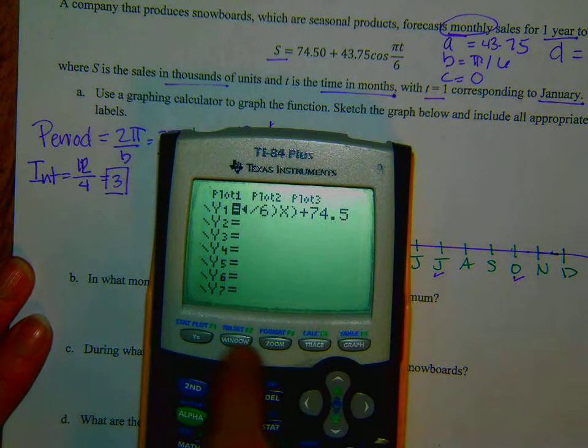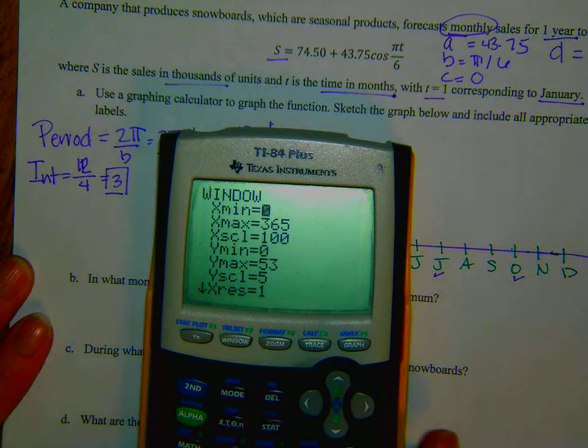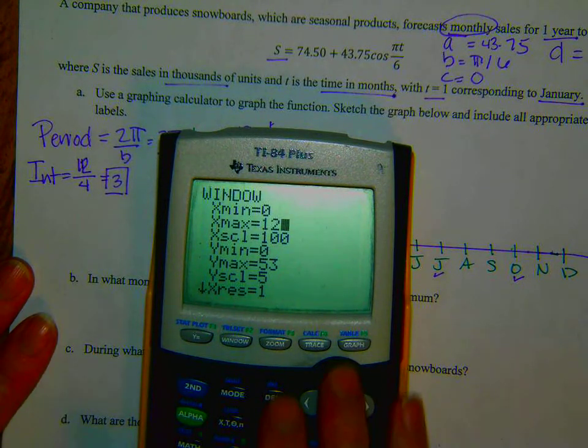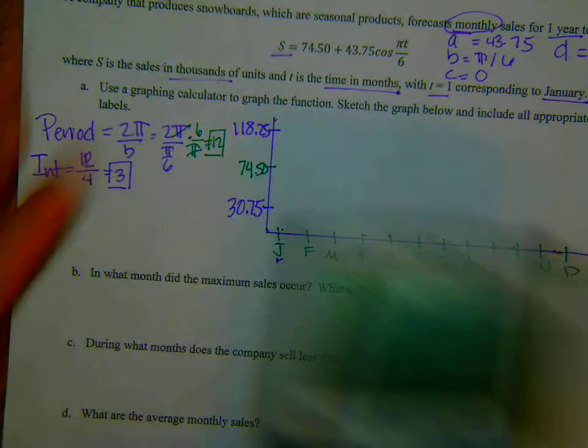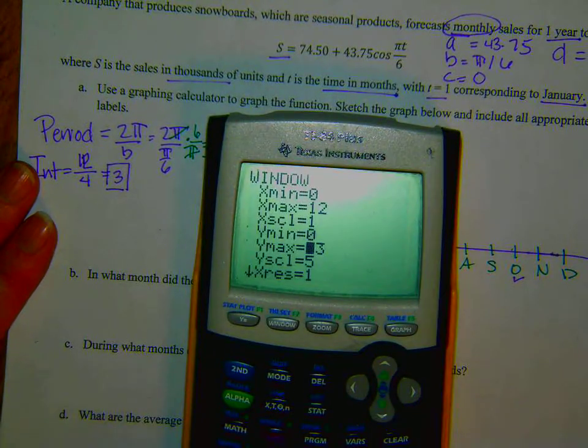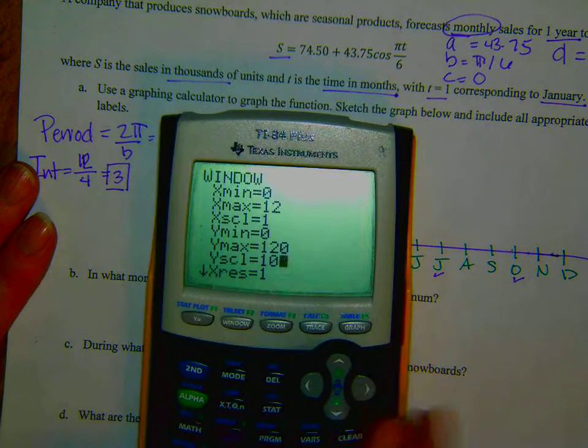Now let's go to the window. We know that on our x values we have 0 to 12. We could say 1 to 12. We're going to have a scale of 1, and then on our y-axis we're going to go from 0 to 120. Let's do a scale of 10. We may have to change that. We'll see how it goes.